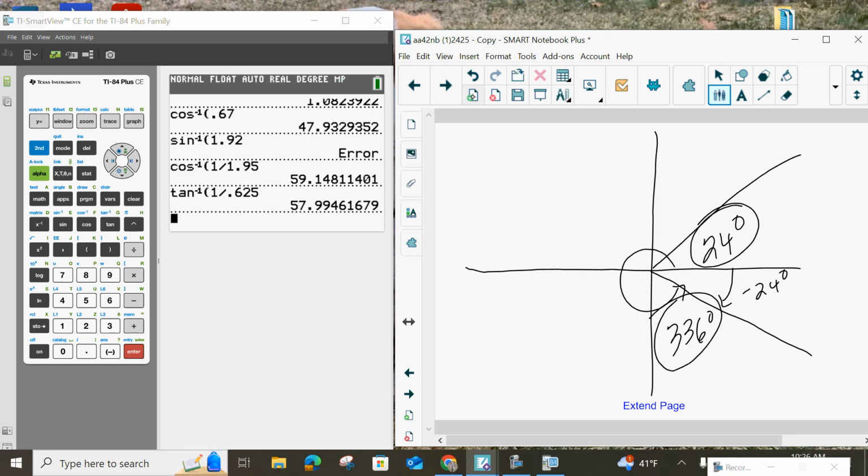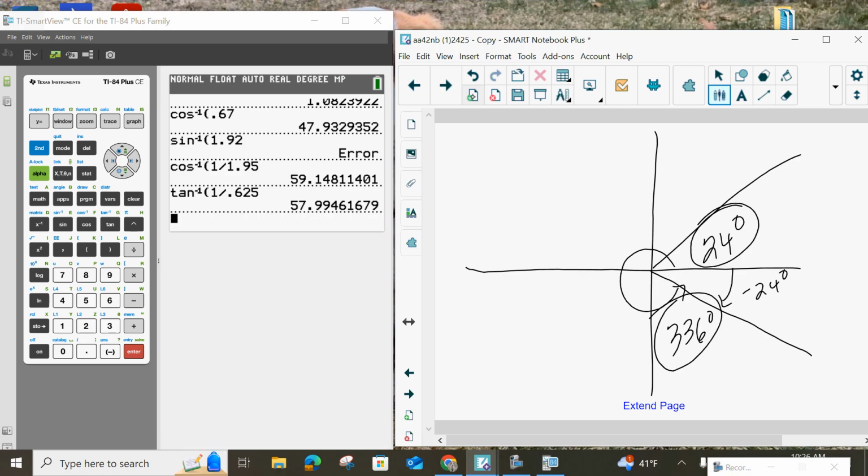Same or opposite? Same on this one, right? So cosine was the same, secant was the same, sine was opposite. If sine is opposite, what do you think cosecant's going to be? Opposite, because they're reciprocals, right? And if tangent is opposite, cotangent would also be opposite.